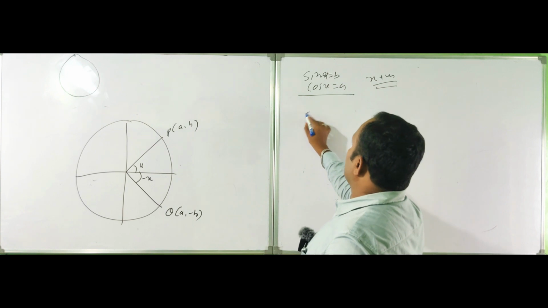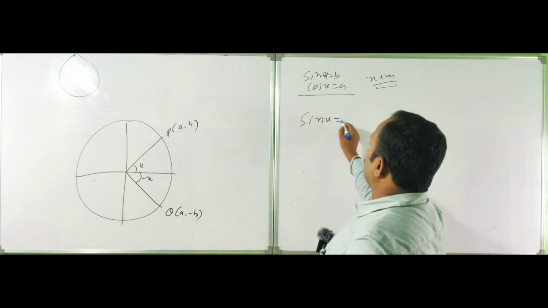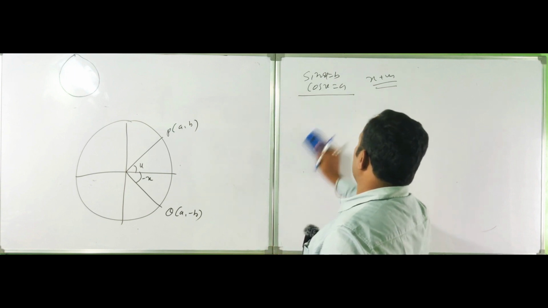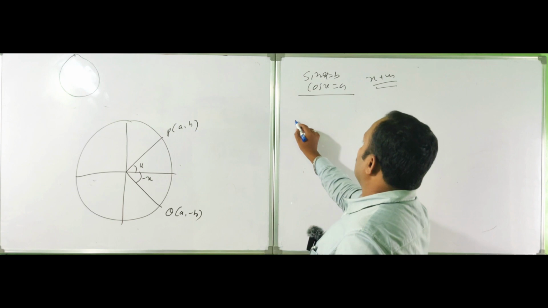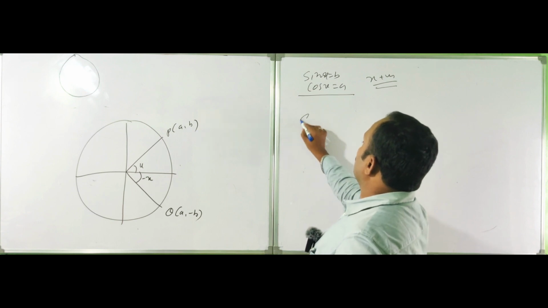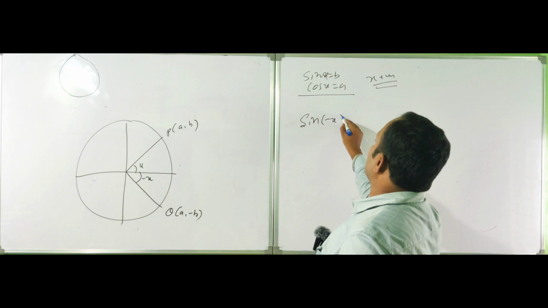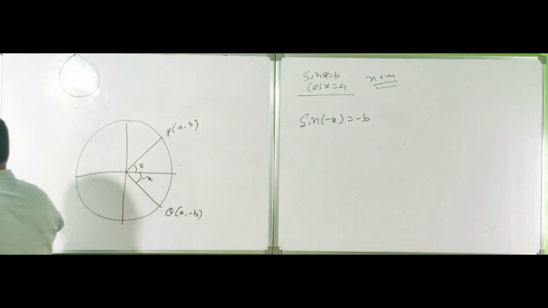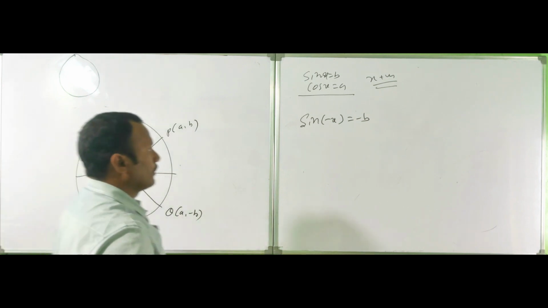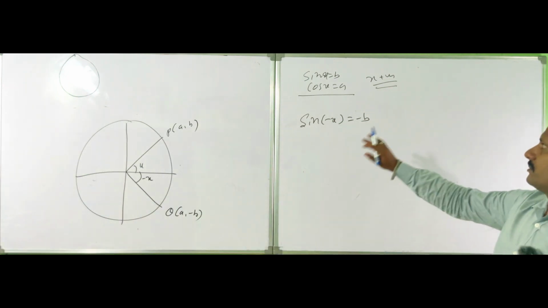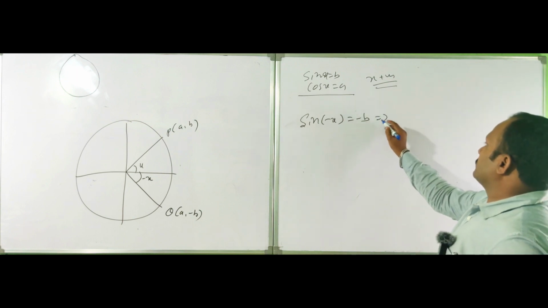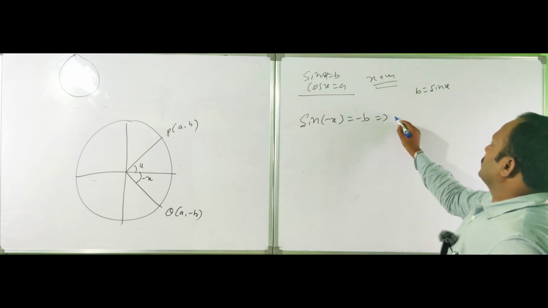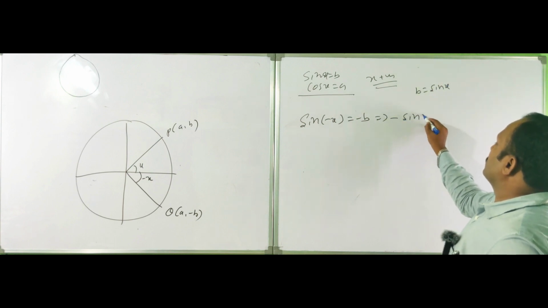Here sin of minus x is equal to minus B. What is the value of B? B is equal to sin x. Therefore, this becomes minus sin x.